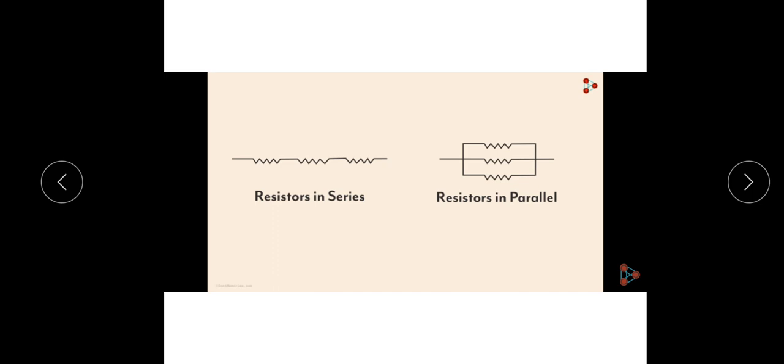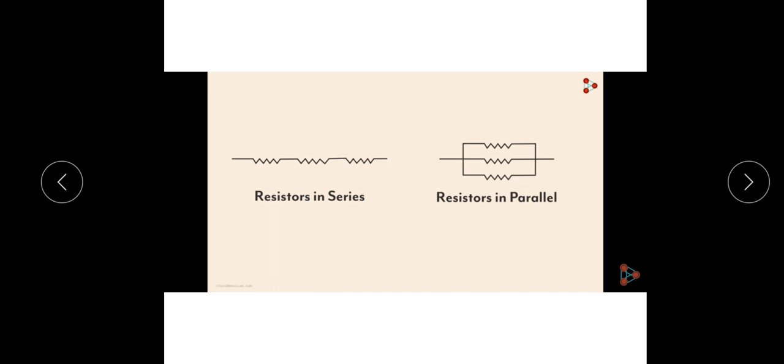Okay, listen. We have to connect one or more resistors in a circuit for practical purposes. The resistors can be joined either in series or in parallel. Series combination is used when the resistance in the circuit is to be increased or current is to be decreased.